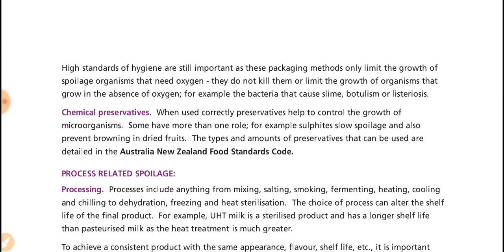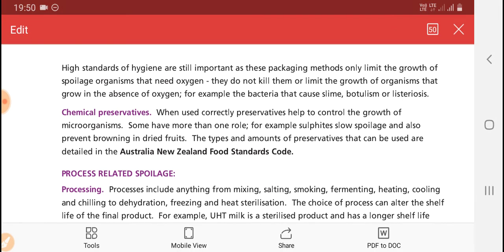High standards of hygiene are also important, as these packaging methods only limit the growth of spoilage organisms that need oxygen. They do not kill them or limit the growth of organisms that grow in the absence of oxygen, for example, the bacteria that cause slime, botulism, or listeriosis.